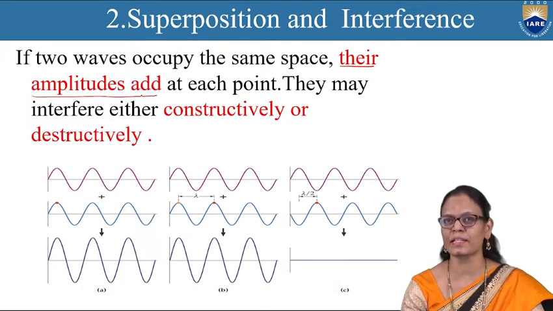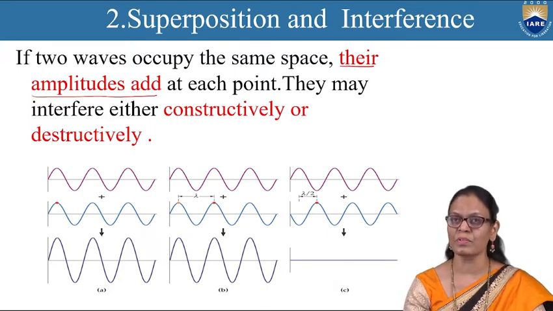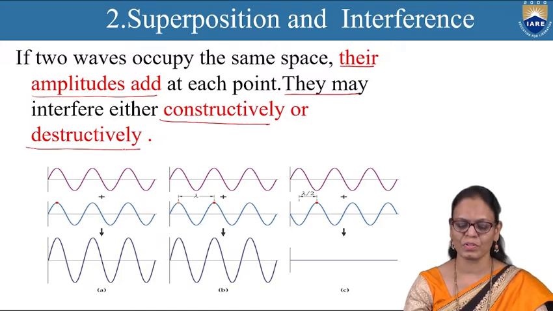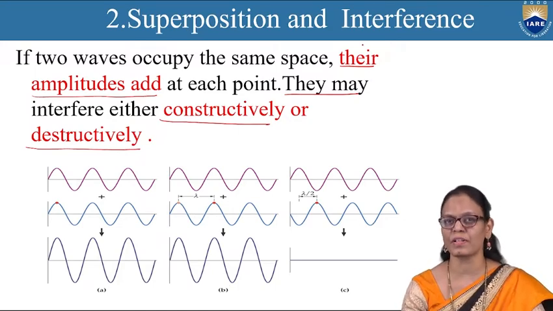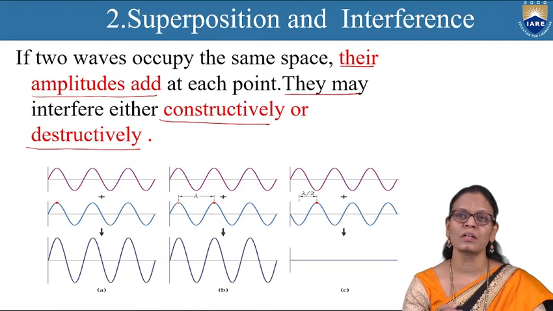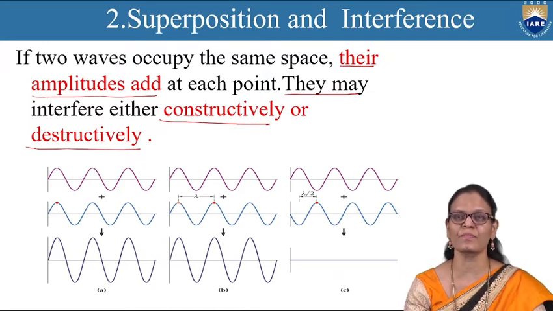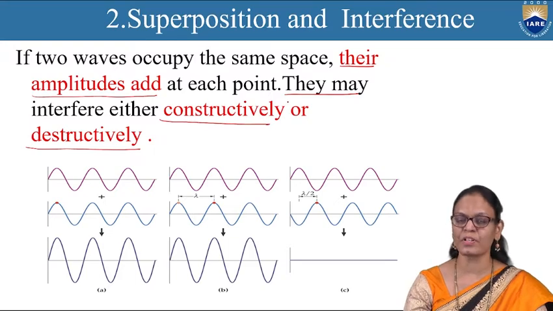This is what we have seen in superposition. Now, depending upon how they interfere, they may interfere either constructively or destructively. So this is what we are going to see in interference. So depending upon how they interfere, if they are having the same frequency and having a constant phase difference, they may interfere either constructively or destructively.